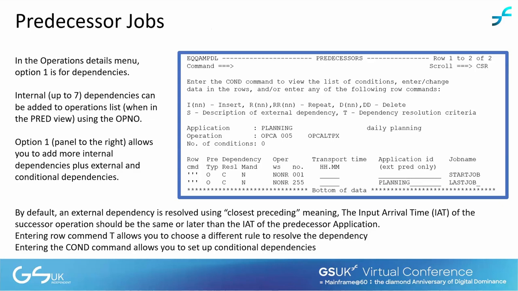Okay, so our standard thing, a predecessor job, and the usual rules, of course, apply. It would be closest preceding, which means that the input arrival time of the successor operation must be the same or greater than the input arrival time of the occurrence that contains the predecessor operation.